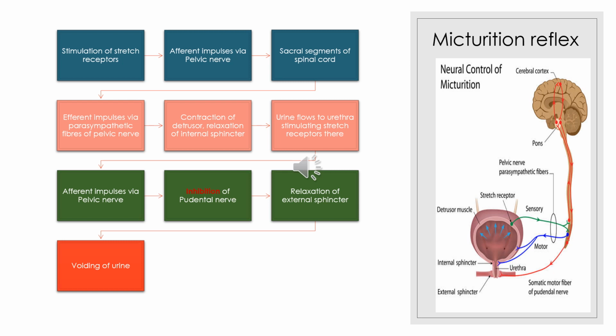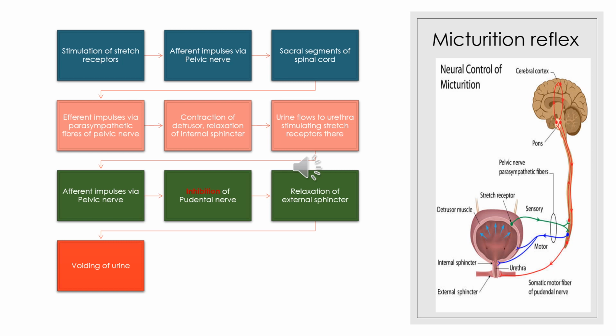We know that the pudendal nerve keeps the external urethral sphincter constricted. And when the motor impulses cause the inhibition of the pudendal nerve, it results in the relaxation of the external sphincter that finally results in the voiding of urine. Okay, so this is what is happening in the micturition reflex.